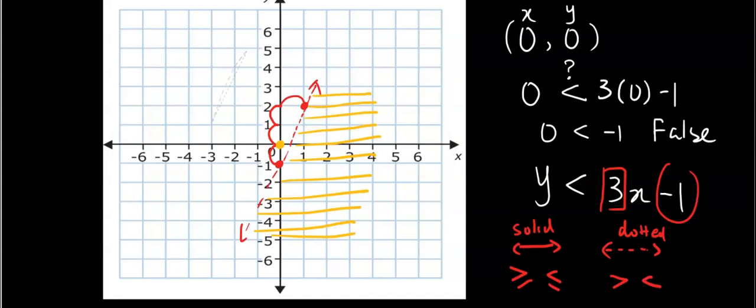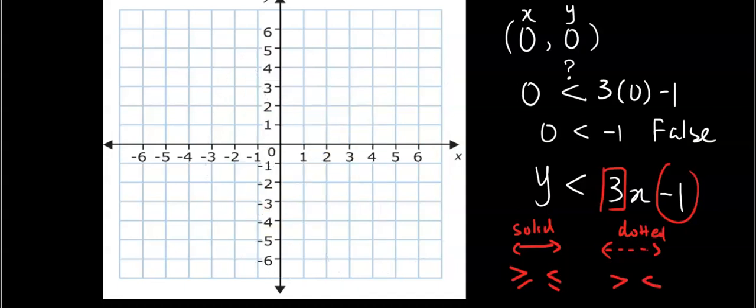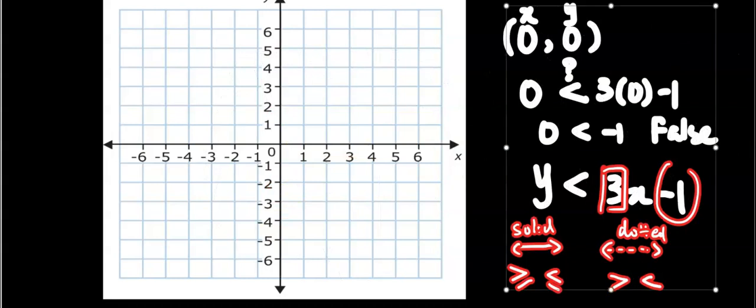Alright, let's practice one more. Our next problem has a greater than or equal symbol, so we can practice using our solid line. This question is y is greater than or equal to 2x plus 3.